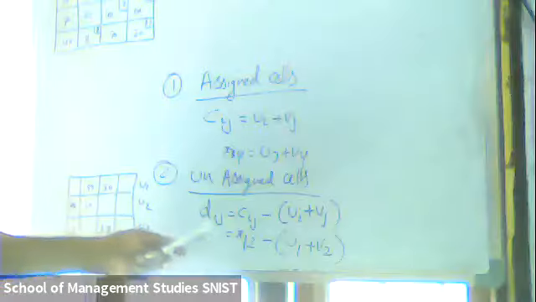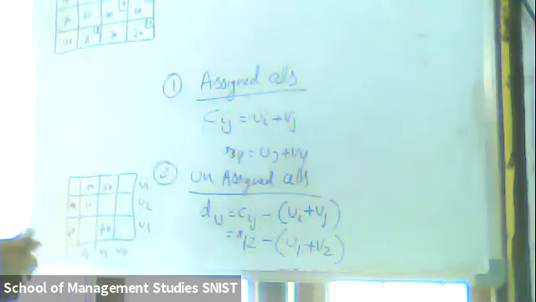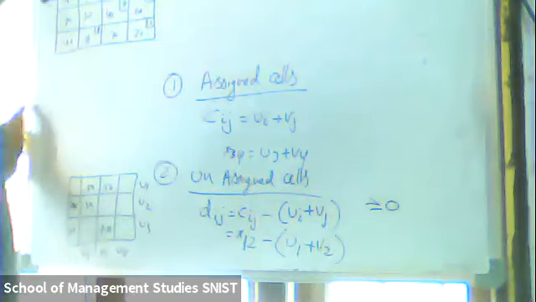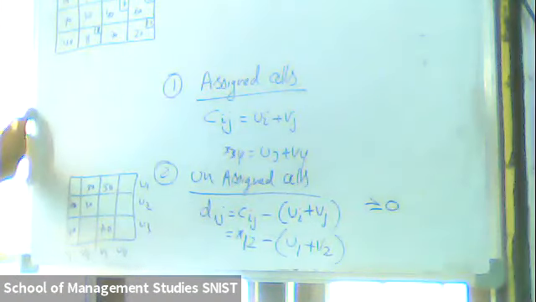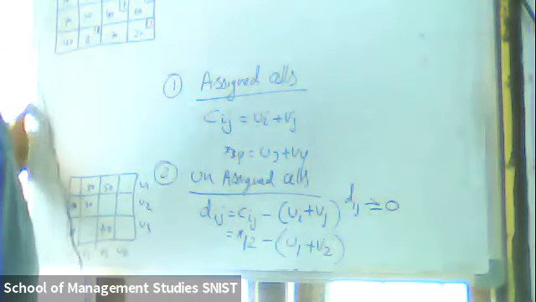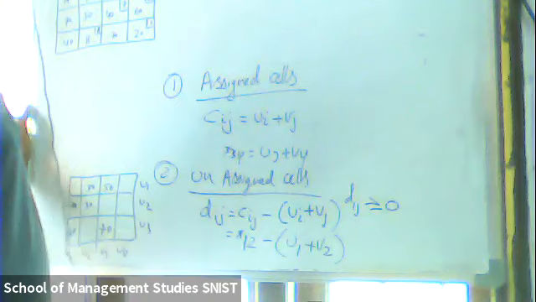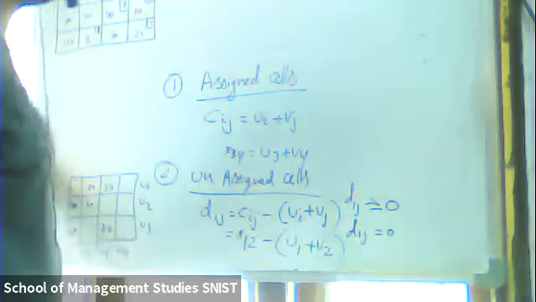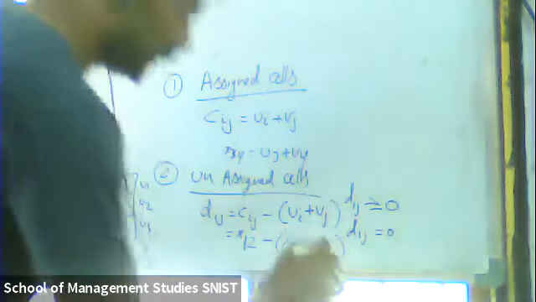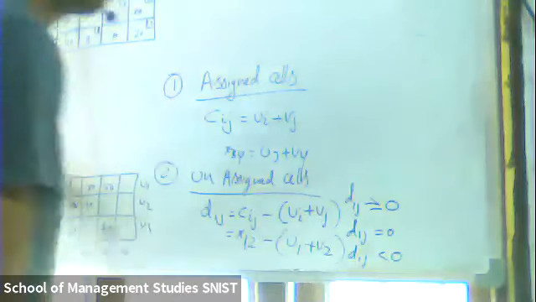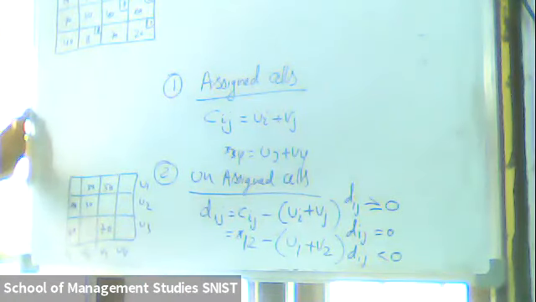Now these unassigned cells' Dij values you should get greater than or equal to 0. So Dij should be greater than or equal to 0, or Dij equals 0. Suppose Dij is less than 0, then there is a further procedure.